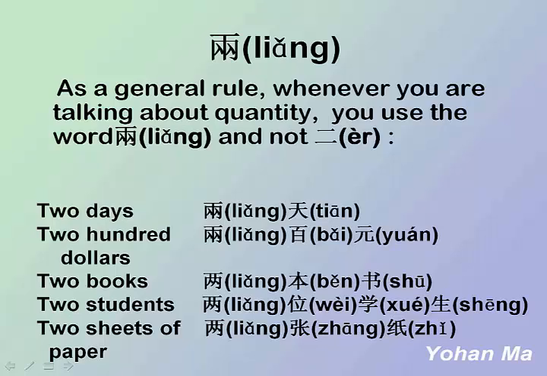In English, there's seldom a word for unit. Almost always 2 books, 2 students, 2 papers. And sometimes we have units in English, such as 2 sheets of paper and 2 loaves of bread.